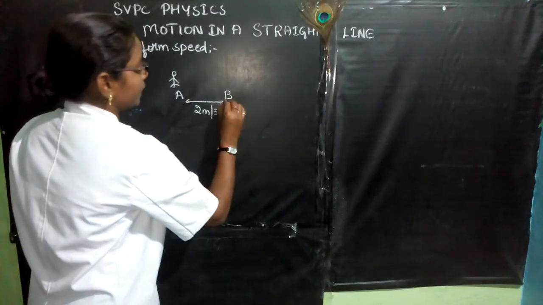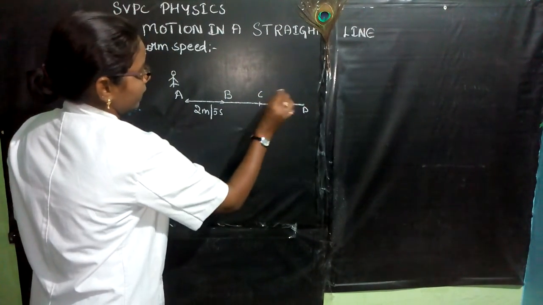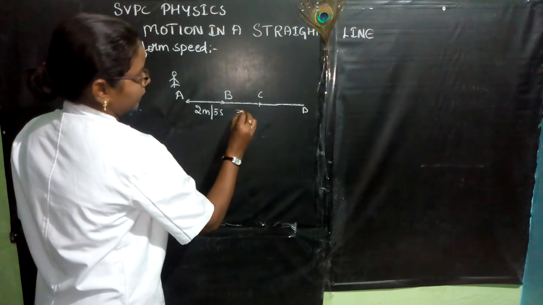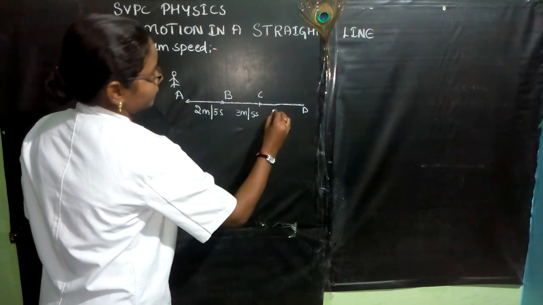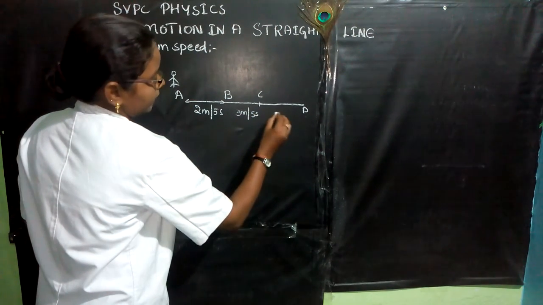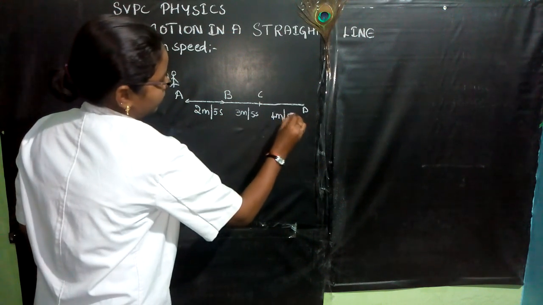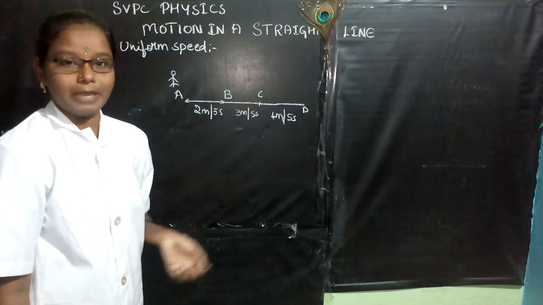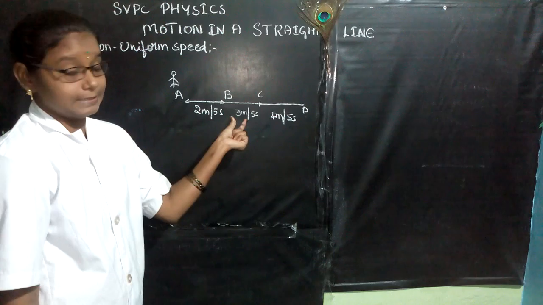The total path is A, B, C, D. From B to C, he covers 3 meters in 5 seconds. Again he covers 4 meters in 5 seconds. He took the same intervals of time, but he covered unequal distances.